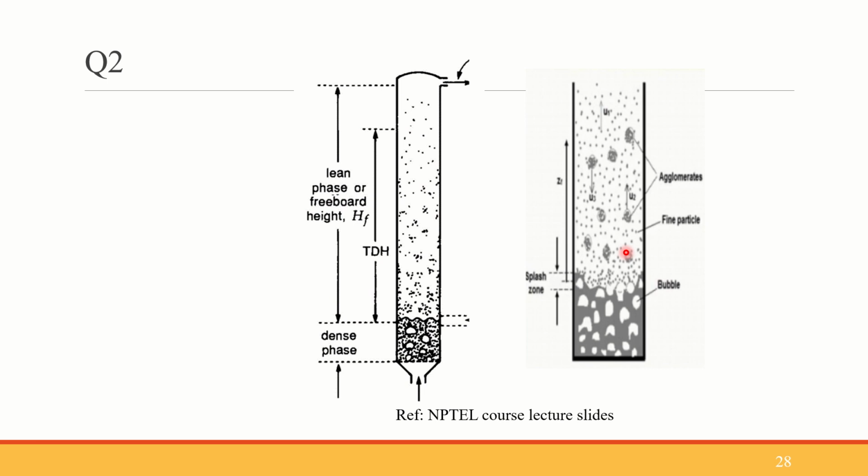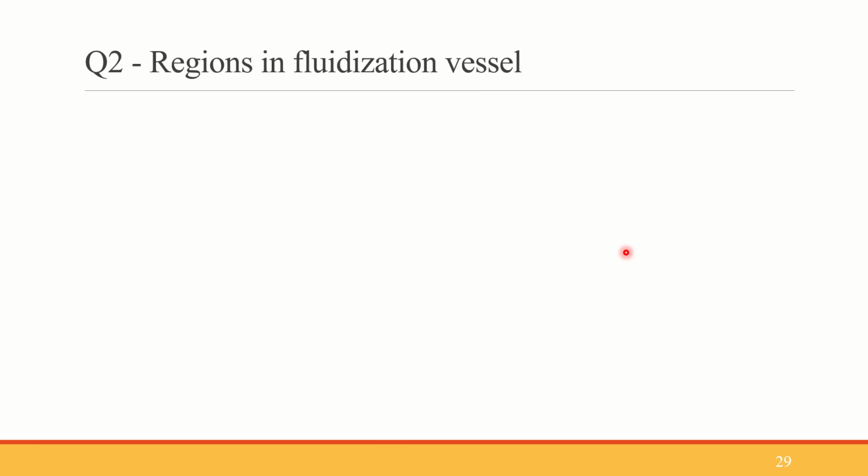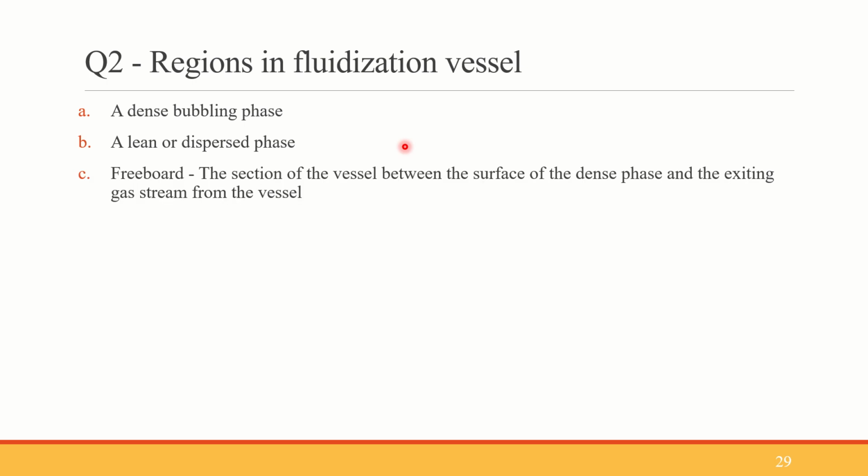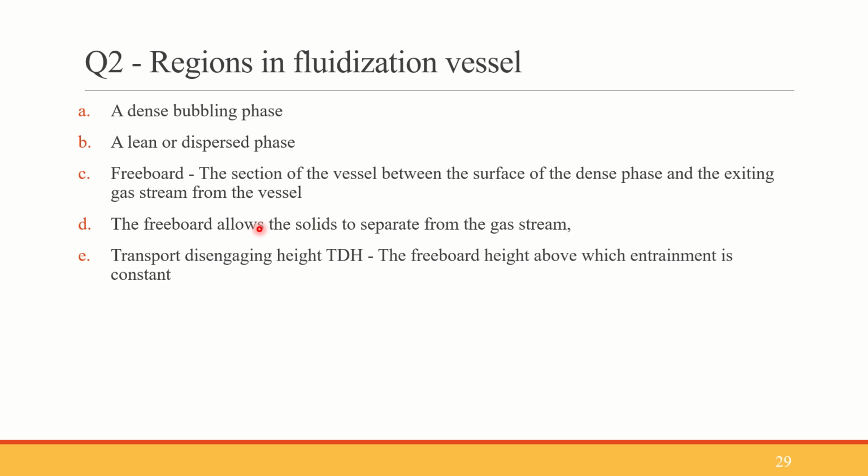Now let us go to question 3. We have some small explanation. A dense bubbling phase, lean bubbling phase, freeboard. Freeboard is the section of the vessel between the surface of the dense phase and the exiting gas stream from the vessel. And freeboard allows solids to separate from the gas stream.